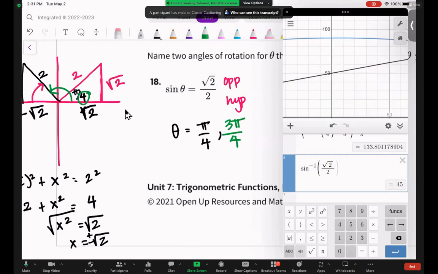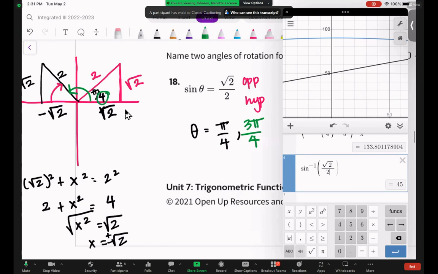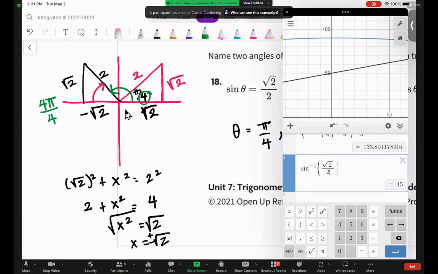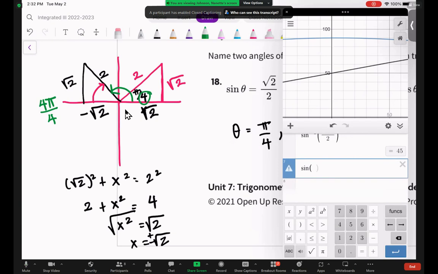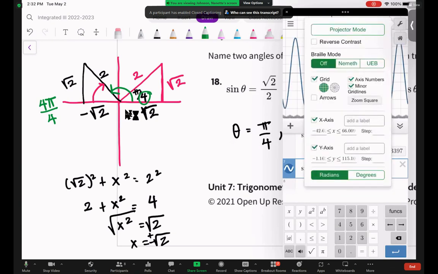Oh, it's 45, right? It only gave you one answer. But as you can clearly see, I found two answers. This is where you as the human are smarter than the calculator. So another way for you to figure this out is if I graph the function sine, let me go back to radians, right?